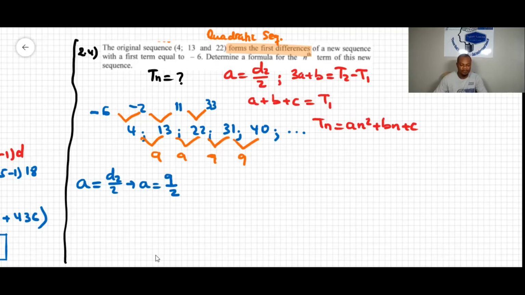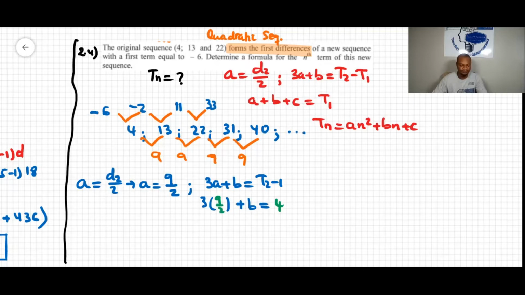Now for b, I can use 3a plus b equals T2 minus T1. Substituting the values, T2 minus T1 is equal to 4, and a equals 9 over 2.